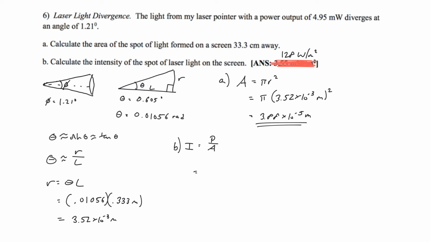And so we know the power of the source, 4.95 times 10 to the negative 3 watts, divided by the area of the spot on the screen, 3.88 times 10 to the negative 5 square meters. And that gives us an intensity of 128 watts per square meter.